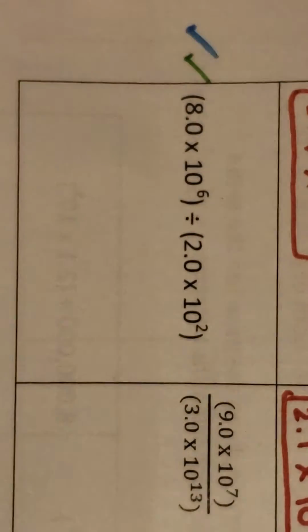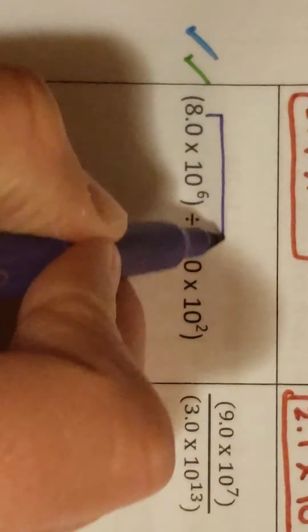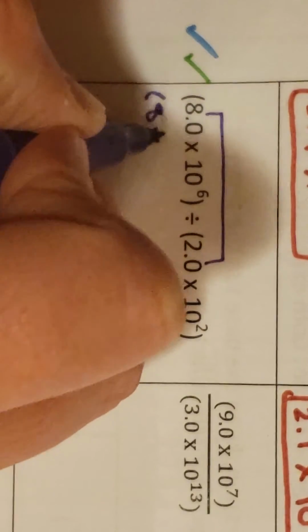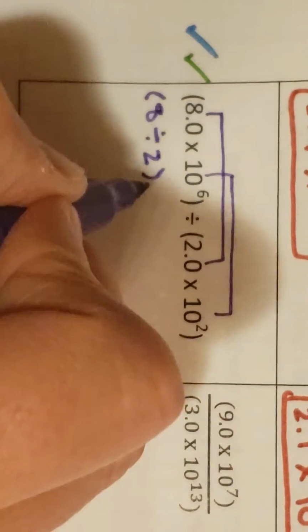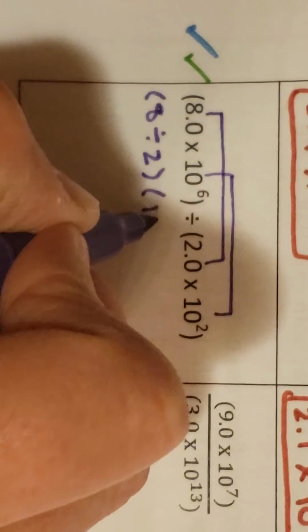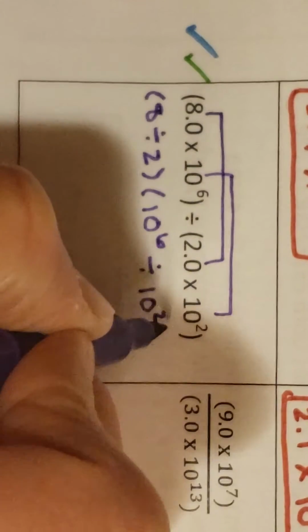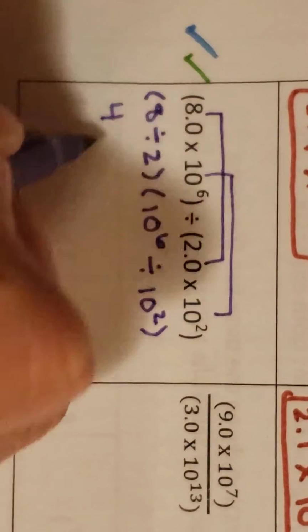So that is that. And so now we're going to do the first part. This is division, so it'll be 8 divided by 2, and then 10 to the 6th divided by 10 squared. 8 divided by 2 is 4.